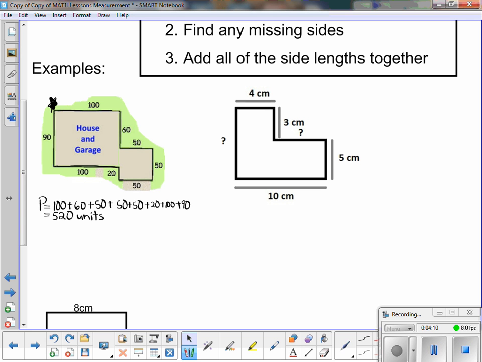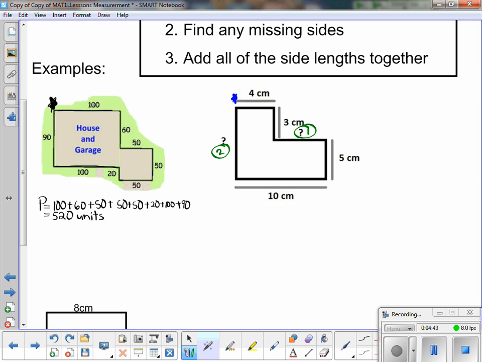If I start at the top left-hand corner and go around, you can see that we have a 4, a 3, oh no, I don't know that one, a 5, a 10, and I don't know that one. So we have 2 places where we have to calculate the side lengths. One of them is here, and the second one is over here. Before I can find the perimeter, I have to calculate those values.